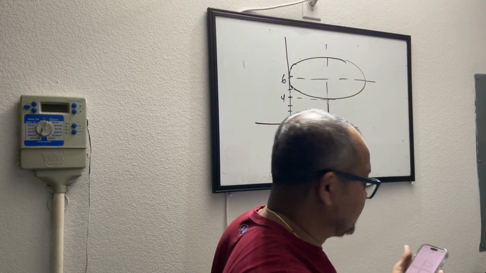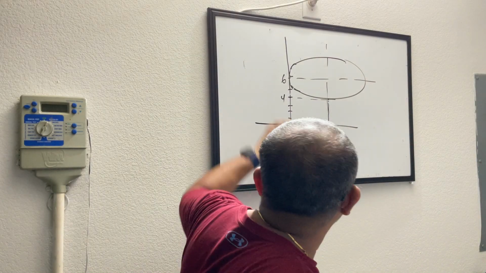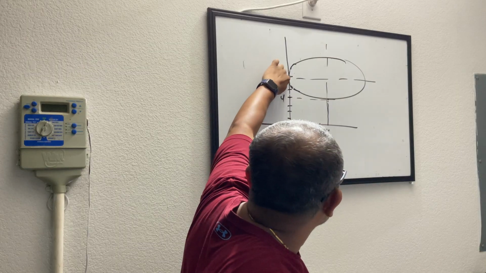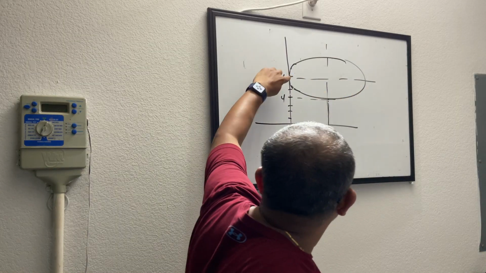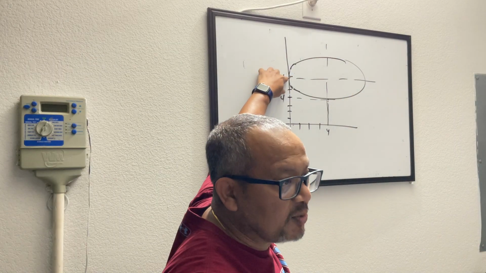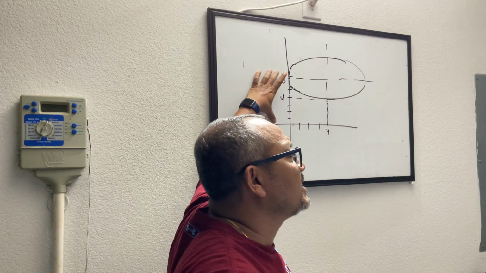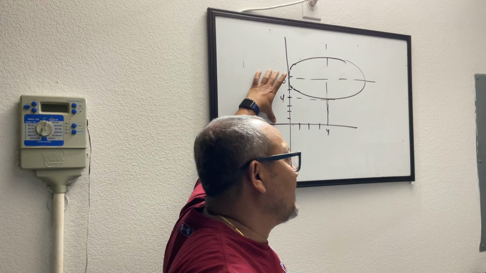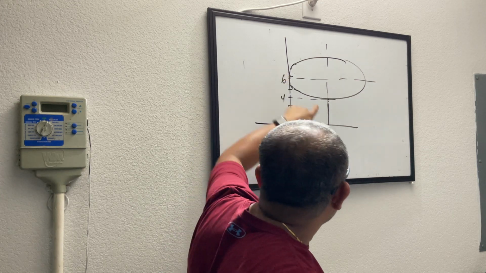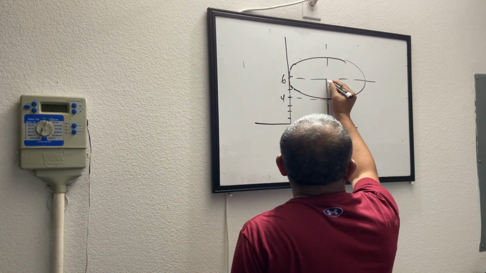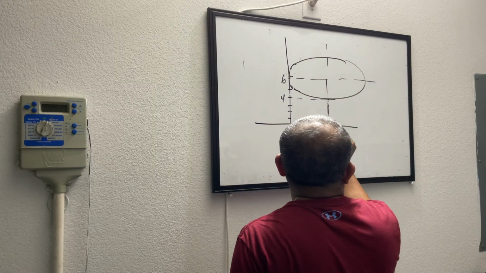So this is the equation, this is the picture that is given to you, where you can see that the major radius is meeting the y-axis at y value of 6, and this center is coinciding with 4 of x.